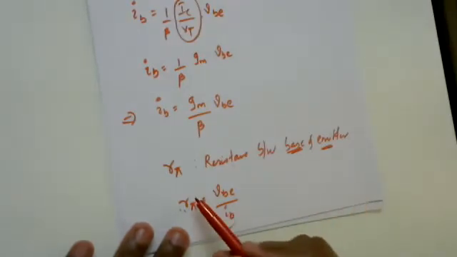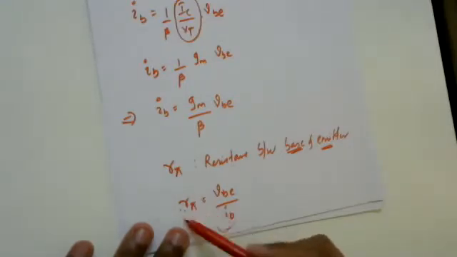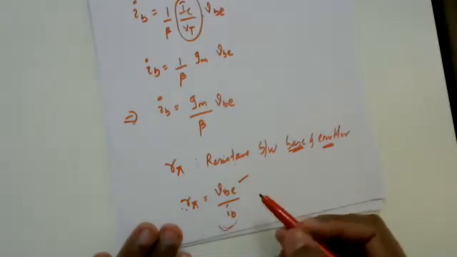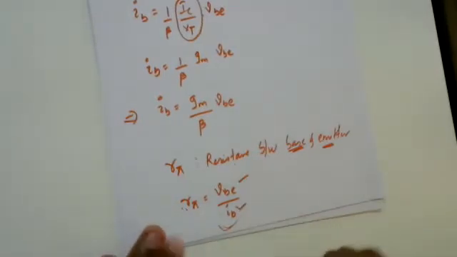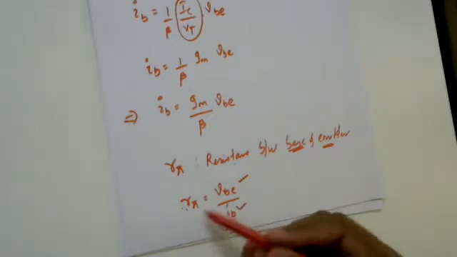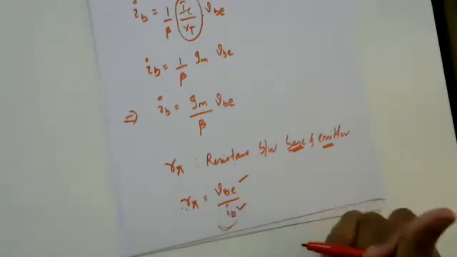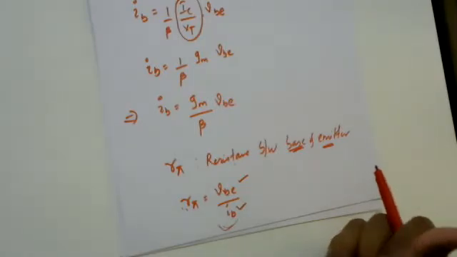So this r pi is talking about the AC resistance, because your VBE is also an AC component, ib is also an AC component. So therefore this r pi is nothing but an AC resistance.